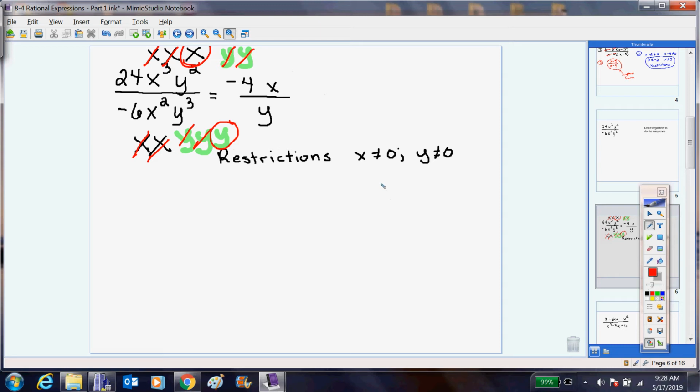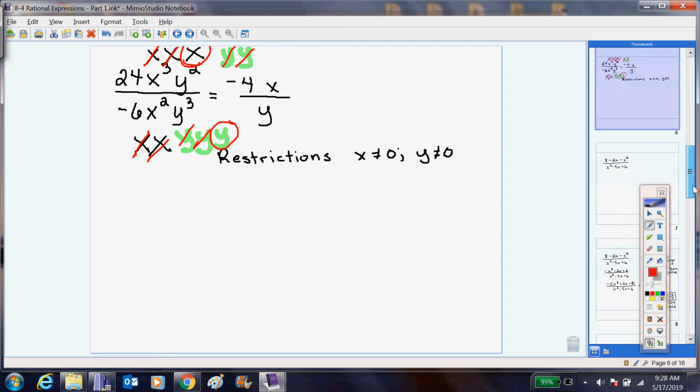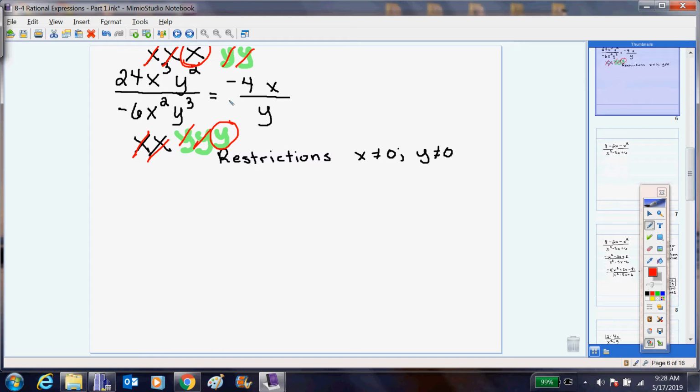That's how that works for anybody who wasn't seeing it in your head. Like I say, we had done these a long time ago. The restrictions are x can't be 0, and y can't be 0 also, because once again, no zeros in the denominator are left over. You always want to finish it off by figuring out what variables are not allowed to be. You still have everybody?